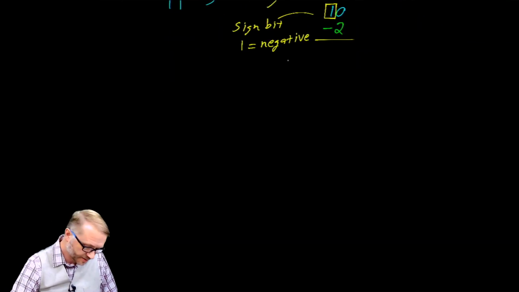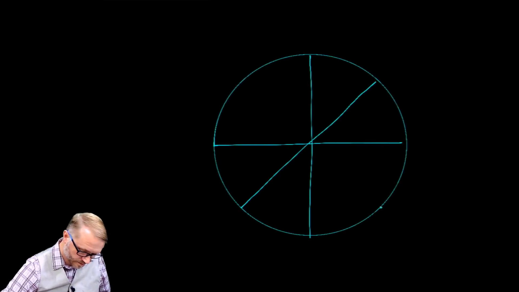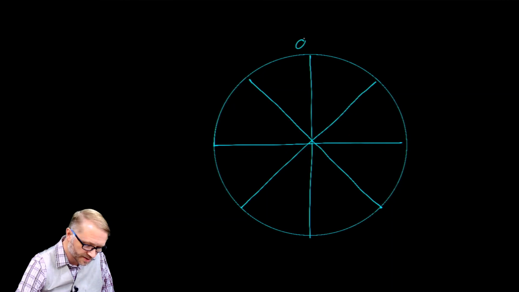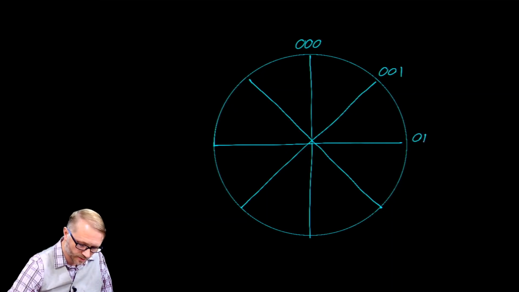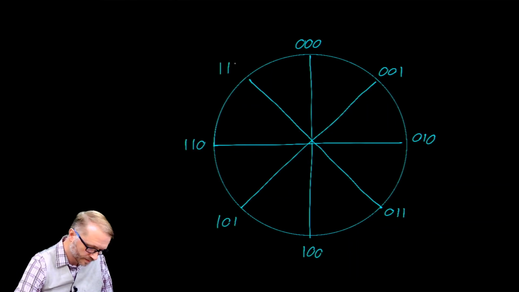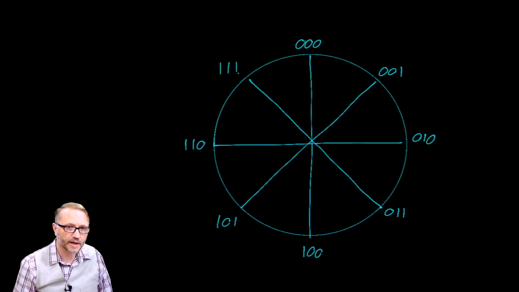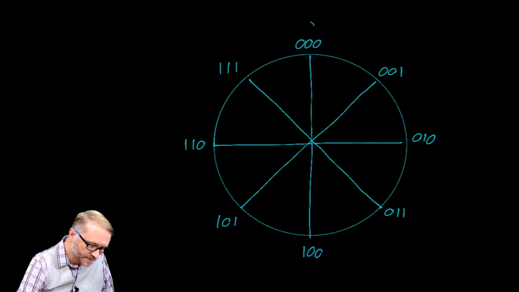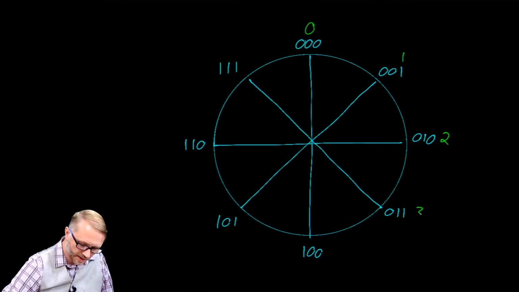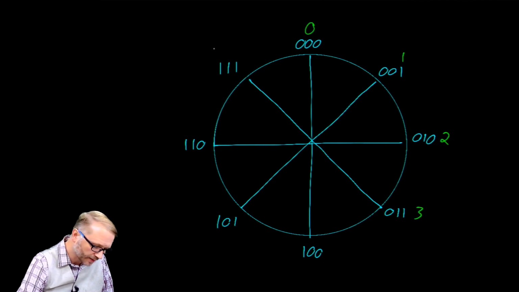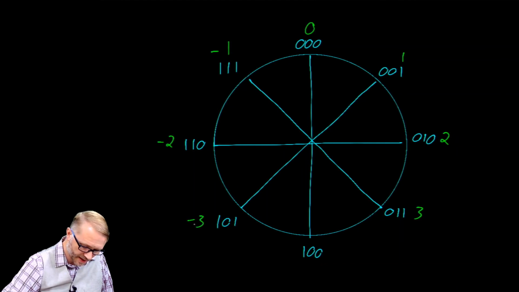Let's see what we can do with 3 bits. We start out with 000, 001, 010, and so on until we make our way all around the circle. We'll assume this is a decimal 0, a 1, 2, and a 3. And going this way, we'll assume this is negative 1, negative 2, negative 3, and negative 4.